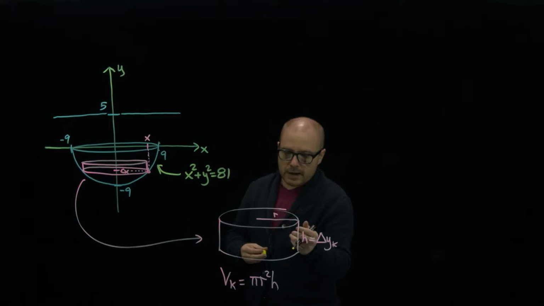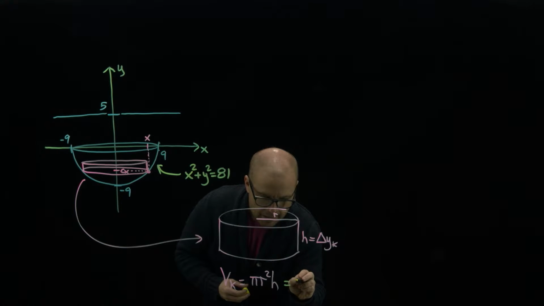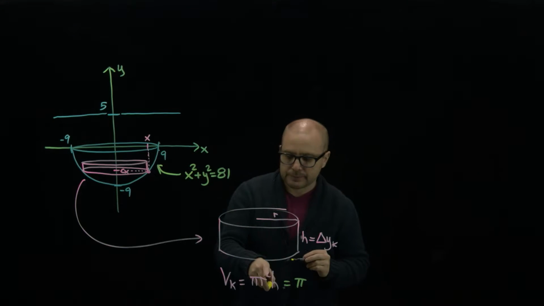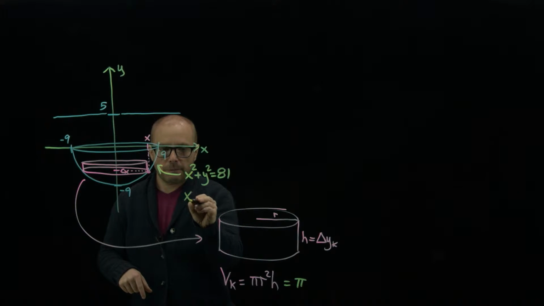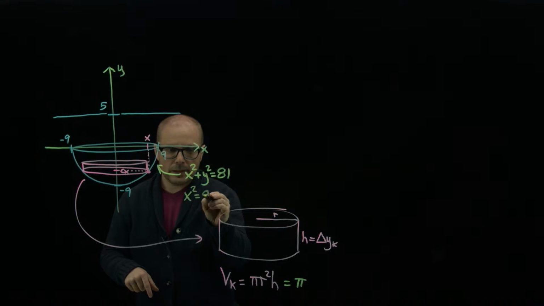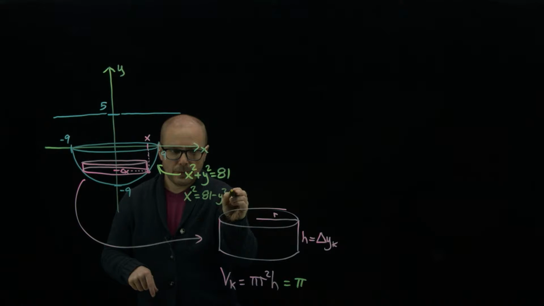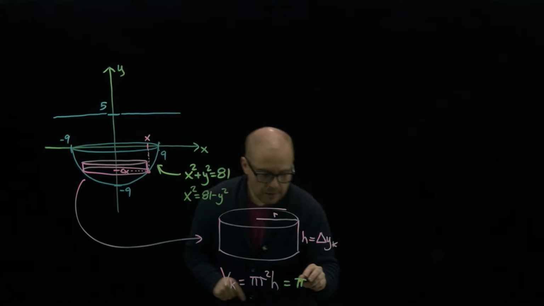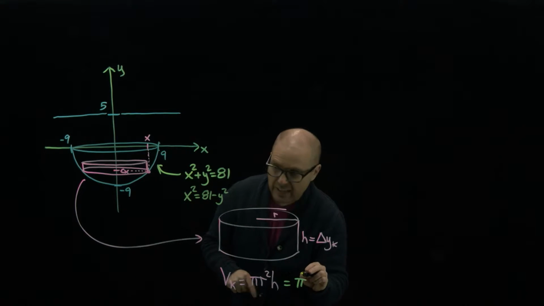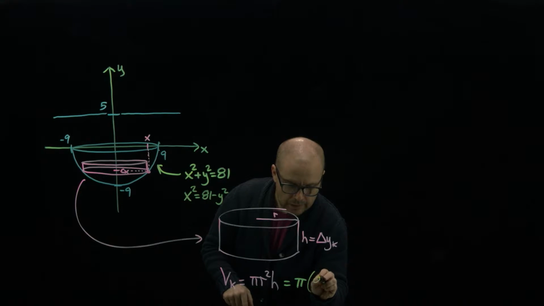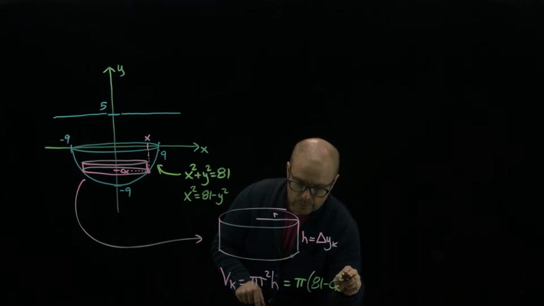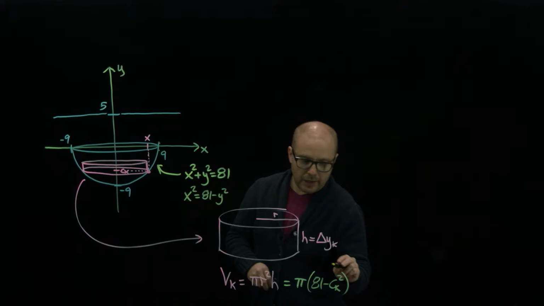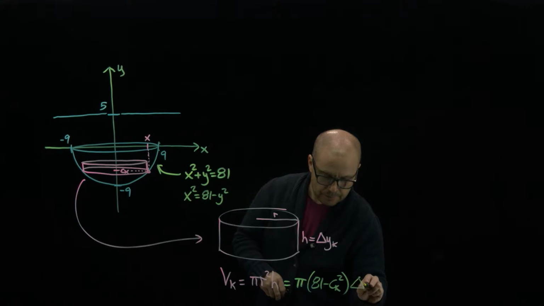OK, so down here, I need x squared. Well, x squared is 81 minus y squared. And my y value is c sub k. So r squared is x squared, which is 81 minus c sub k squared. And my height is delta y sub k.